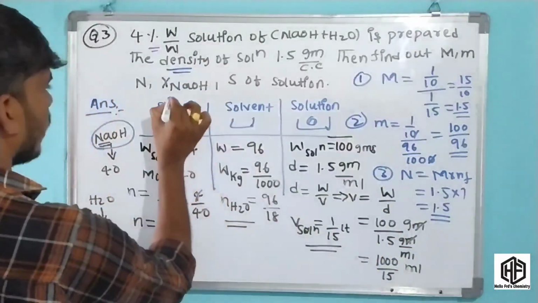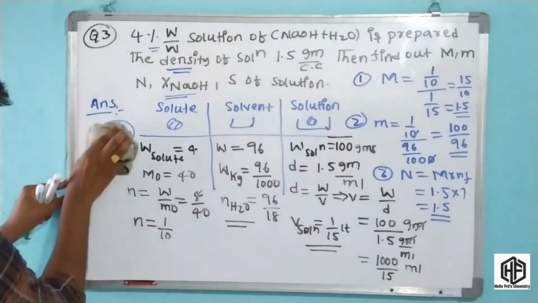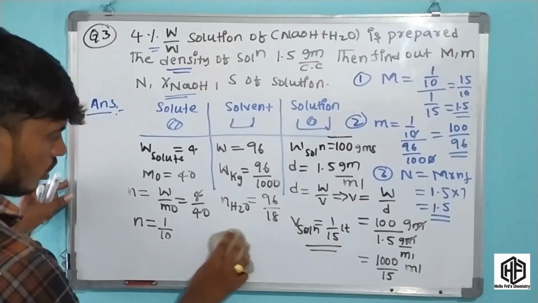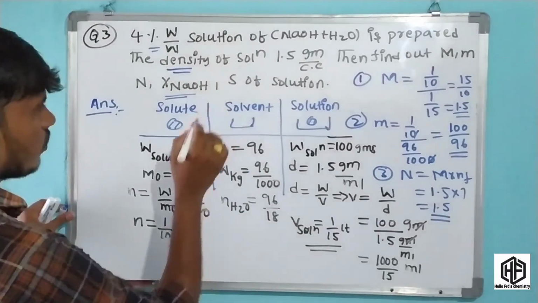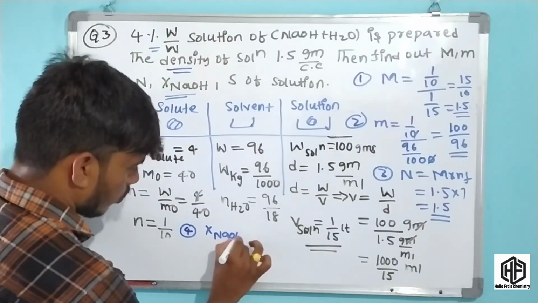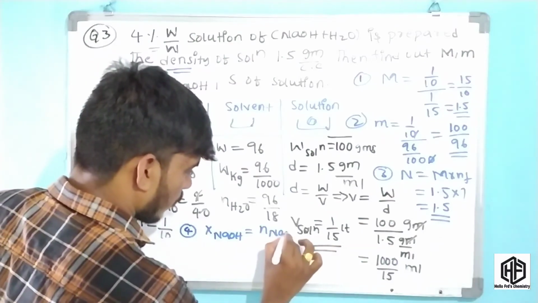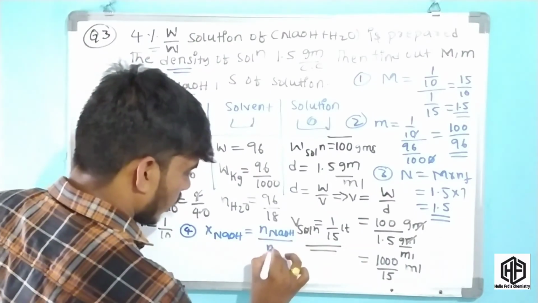And another one is the mole fraction of NaOH. This is clear, friends. The fourth one is the mole fraction of NaOH. Mole fraction of NaOH is the number of moles of NaOH divided by the total number of moles.